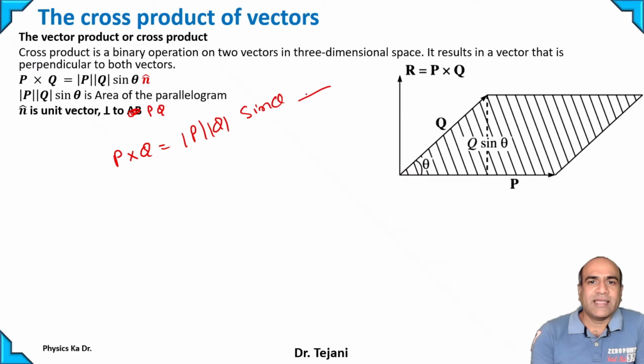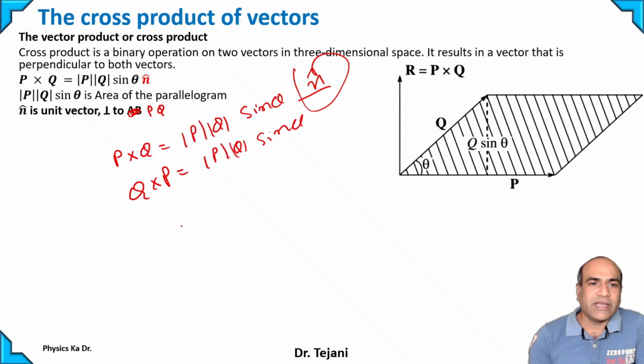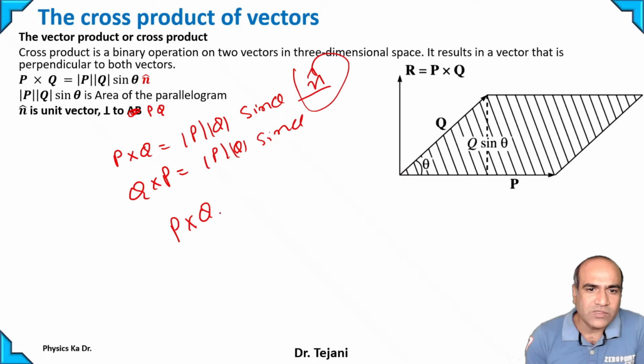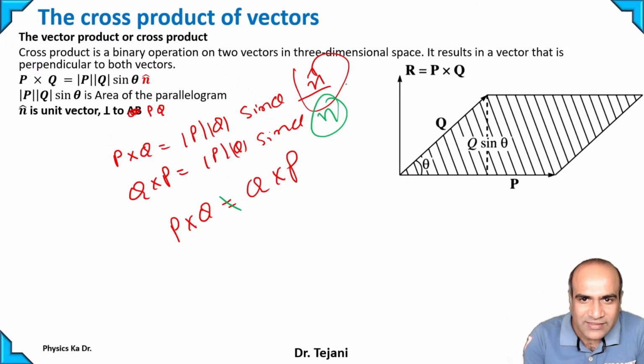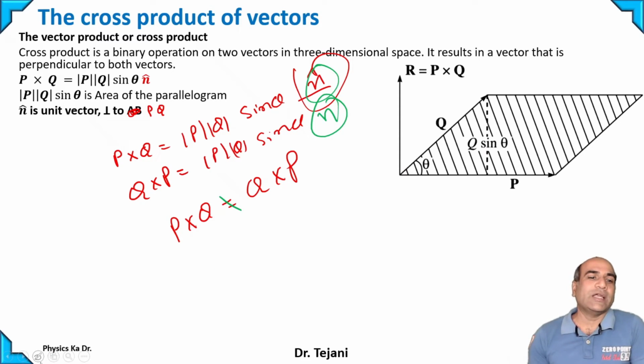So the first portion, say for example, if you just have P cross Q, it is always PQ sine theta plus something as the n bar. If you just forget this part, then Q cross P should also be PQ sine theta, and if you write P cross Q is equal to Q cross P, then your answer is wrong. The reason is the direction.